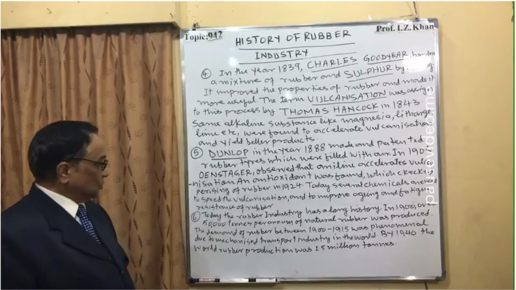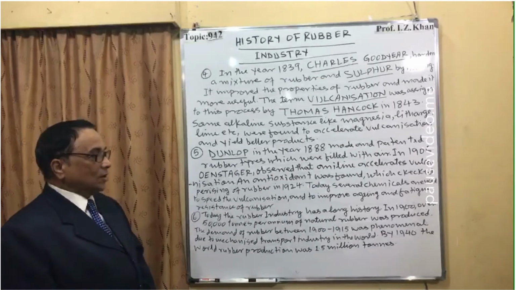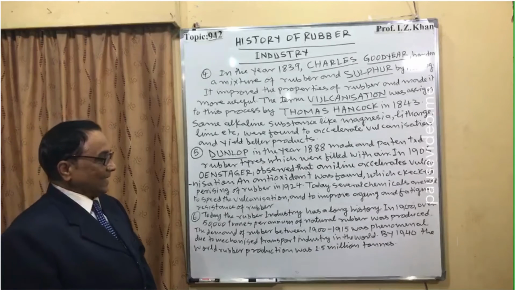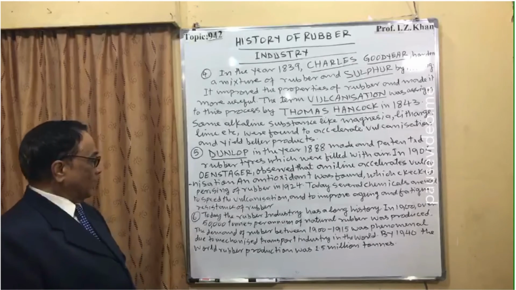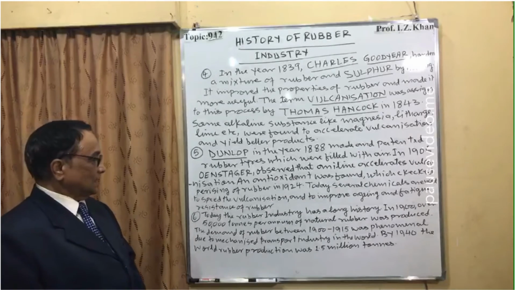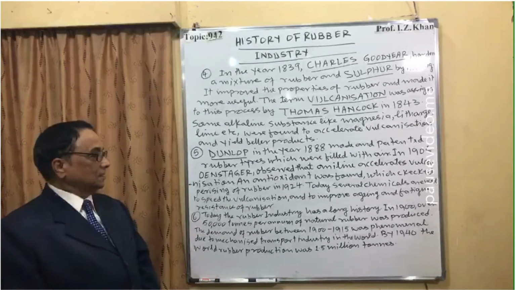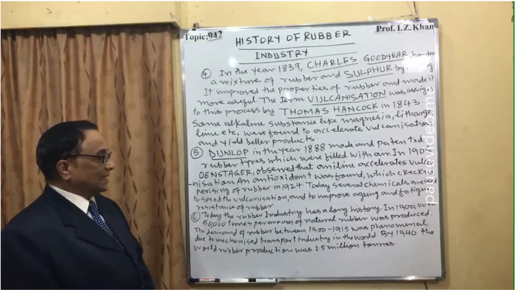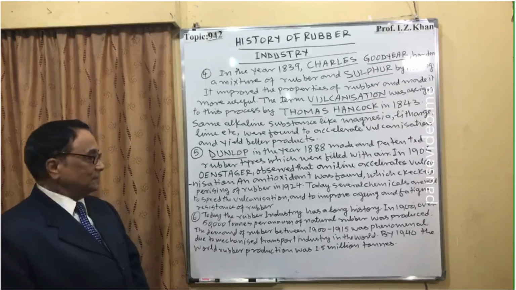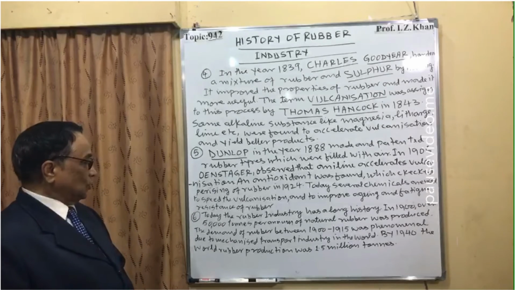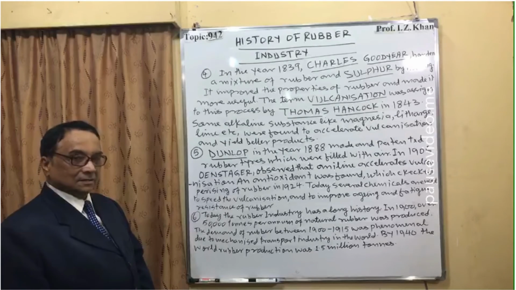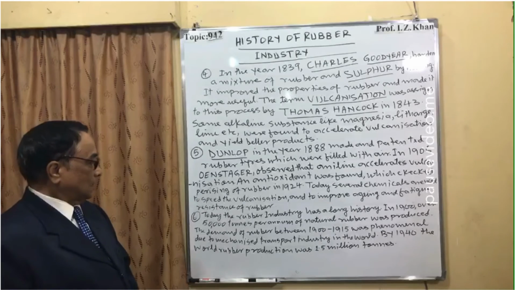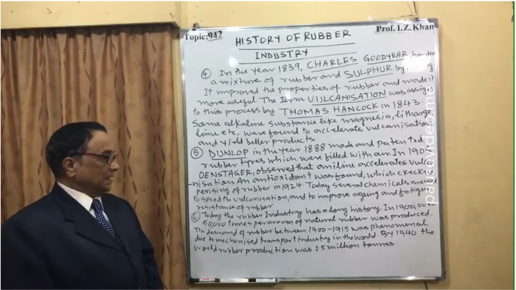And number 6, today the rubber industry has a long history. In 1900, over 50,000 tons per annum of natural rubber was produced, and the demand for rubber from 1915 was phenomenal, due to mechanized transportation, industry in the world.